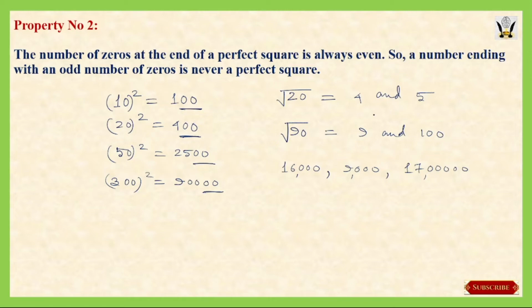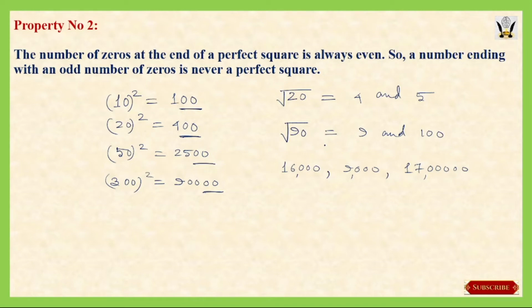So what conclusion have we drawn from here? That in a number, if we have an odd number of zeros at the end, then that number will never be a perfect square. For a number to be a perfect square, it has to have an even number of zeros at the end.